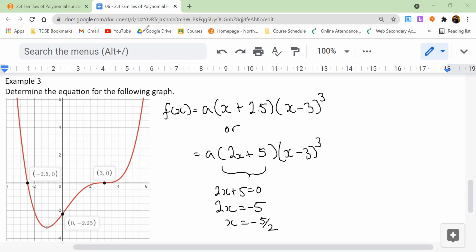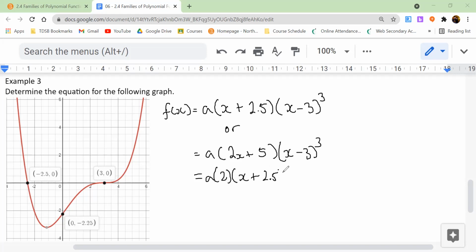Let's pretend I wanted to make this binomial look like the one above. How do I get 2x and turn it into an x? Factor out a 2. So if I factor out a 2, this becomes 2 times x plus 2.5. You see what I just did?